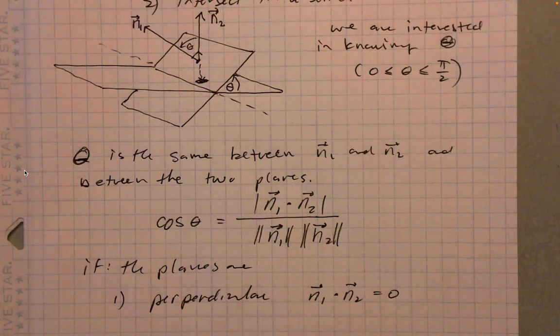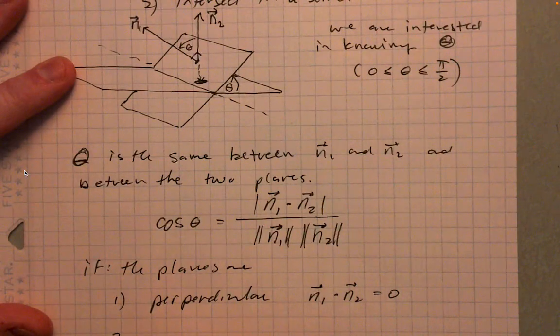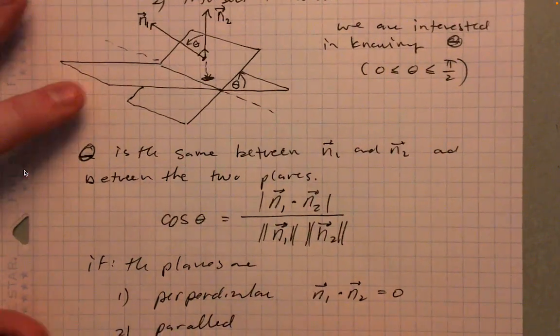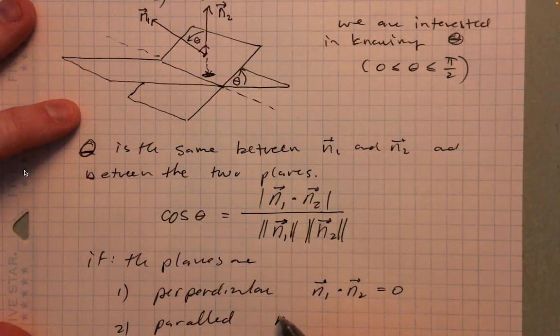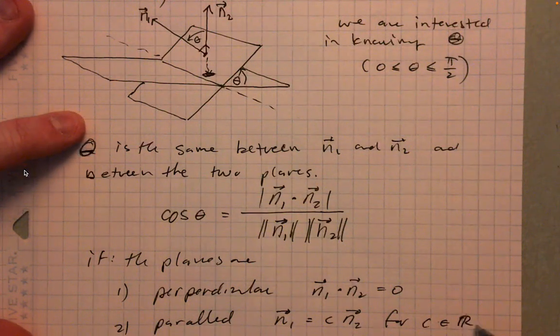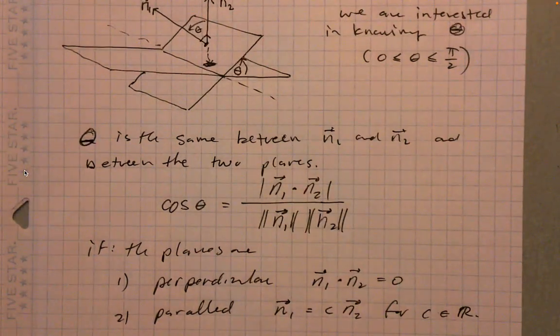Okay, and what happens if the planes are parallel? These are kind of the extreme cases with these intersecting planes. If the planes are parallel, then normal vector 1 is going to be equal to c times normal vector 2, for some c in R. Basically one is a scalar multiple of the other.